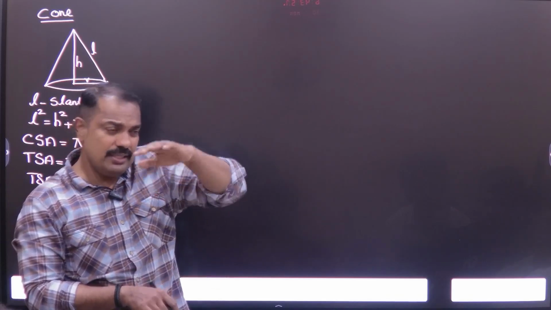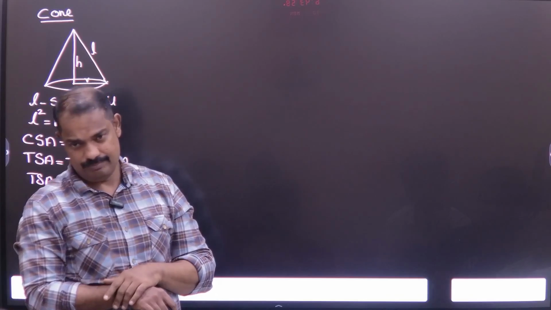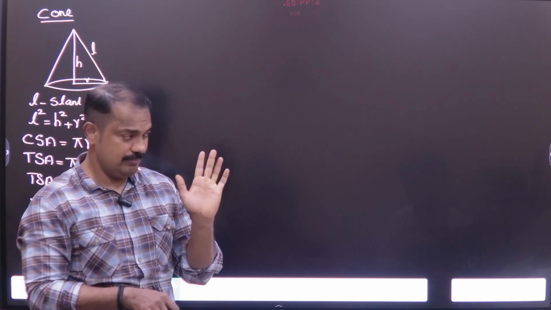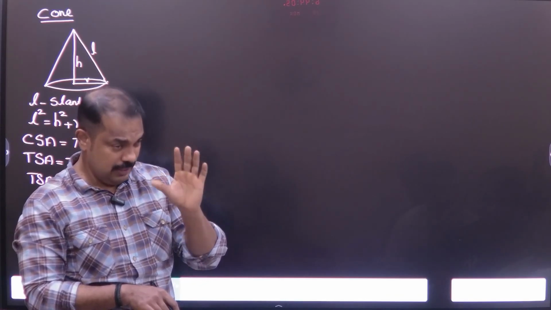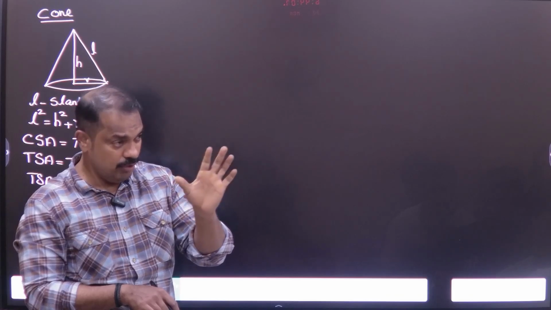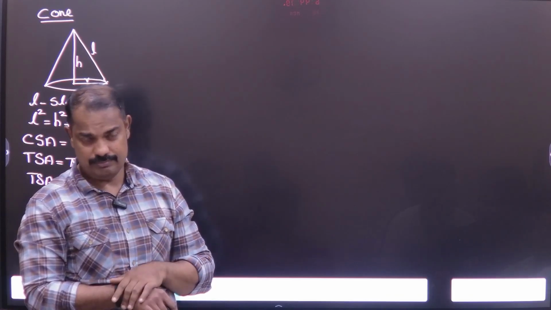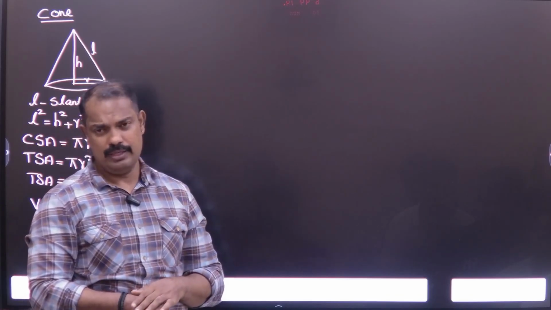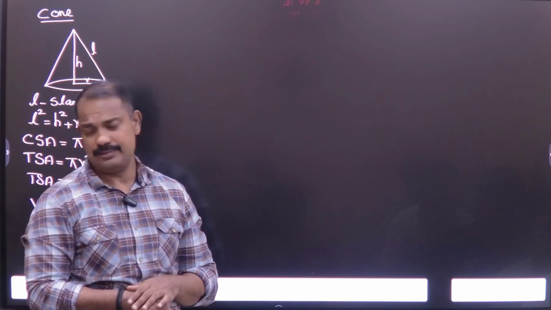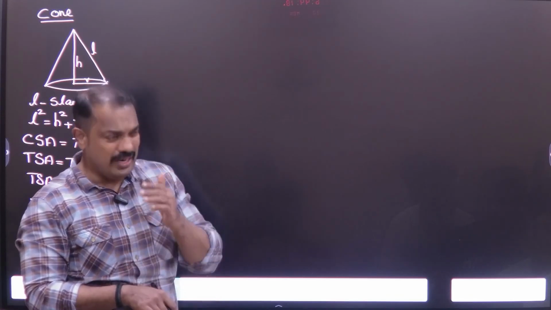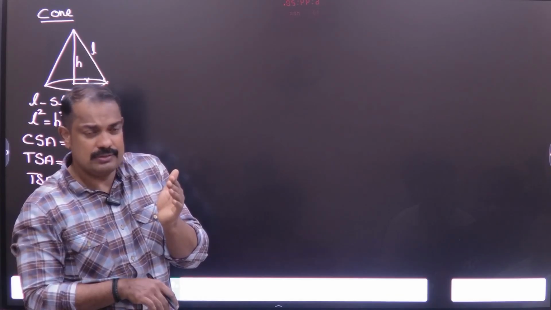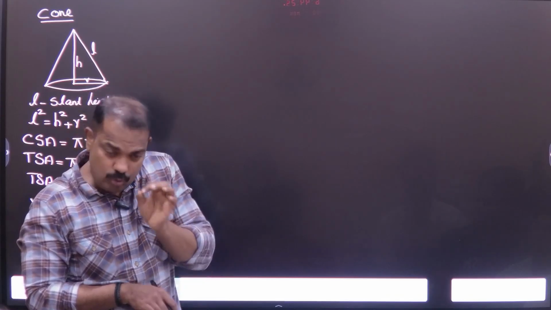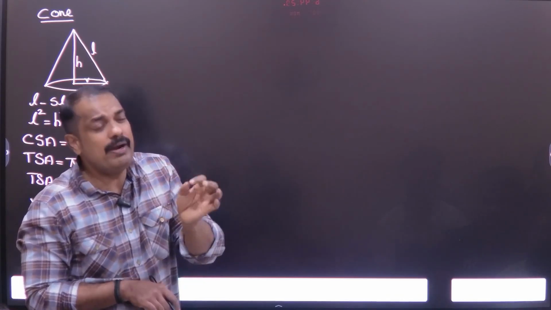Transfer this water into the cylinder. Both have the same height and the same radius, and the cone is full of water. Then we can observe that only 1/3 of the cylinder is filled with the water.